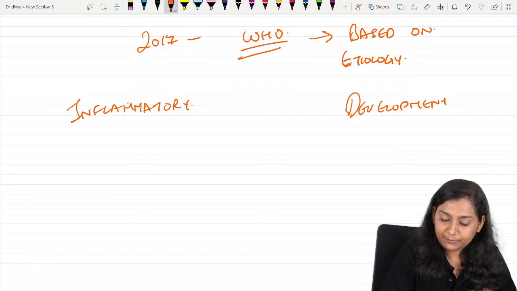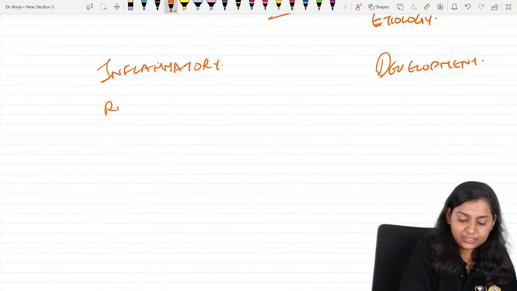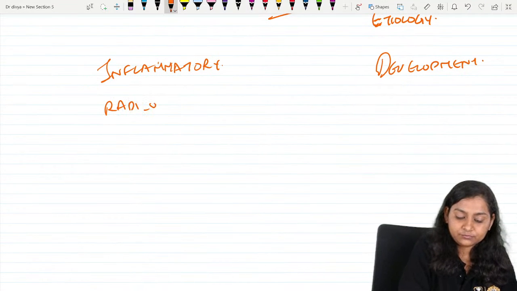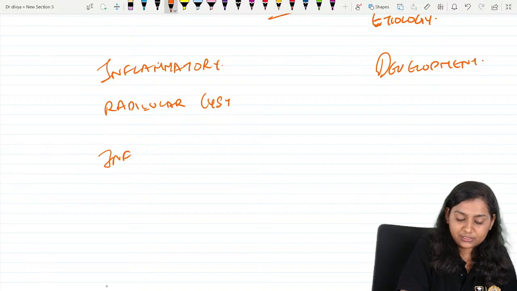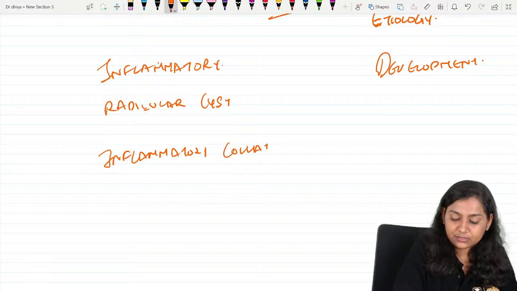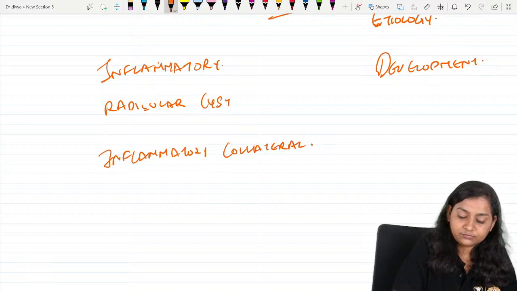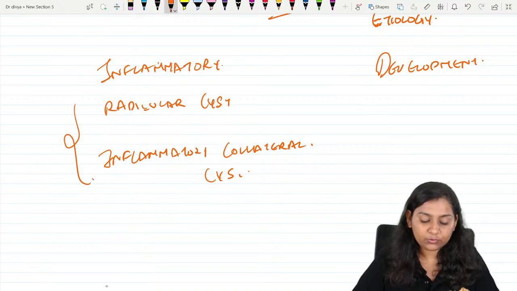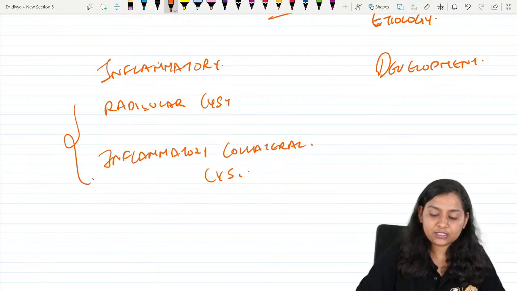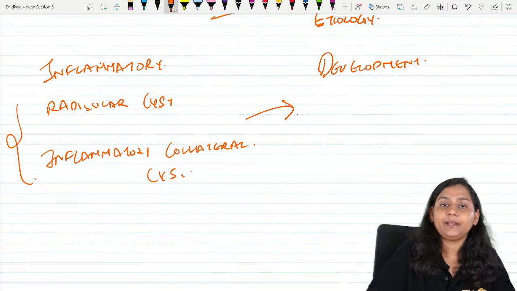So in inflammatory, we have radicular cyst and inflammatory collateral cyst. Very easy to remember. While all other cysts apart from radicular and inflammatory collateral cyst will come into the developmental category.